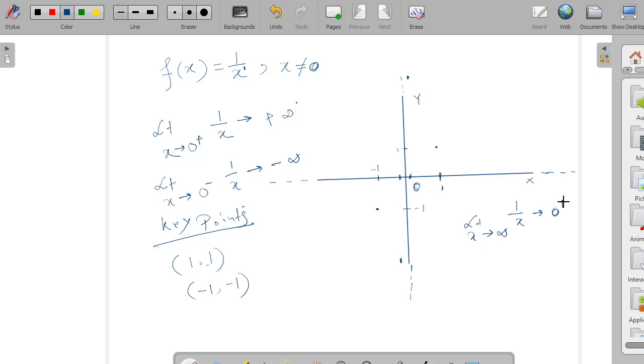And as x approaches -infinity, our function 1 over x is approaching towards 0 but with a negative sign, a very small negative number.